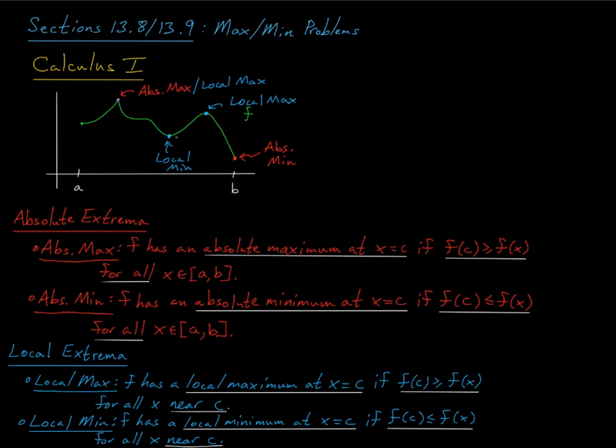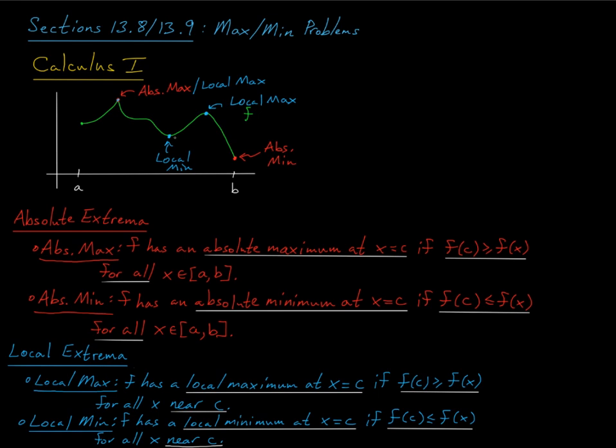Looking at the graph here, look at this point right here. While it's true that the y-coordinate of this point is not the smallest possible y-coordinate for our graph over this entire interval, if I stay local to this point's x-coordinate, so I don't vary very much from it, this y-coordinate is in fact the smallest in that little neighborhood.